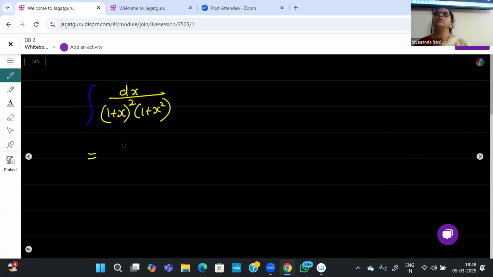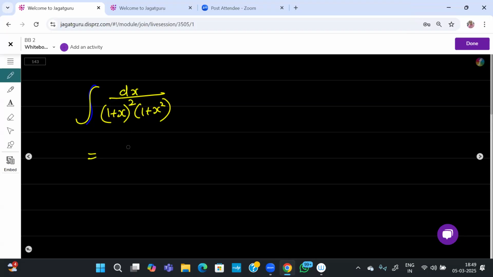How many of you know how to split this? Now is it 1 plus x square, 1 plus x and 1 plus x whole square?